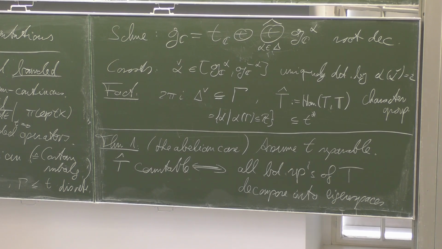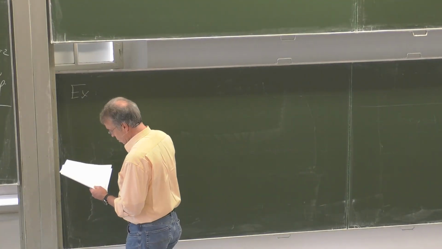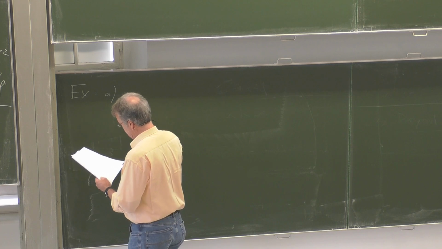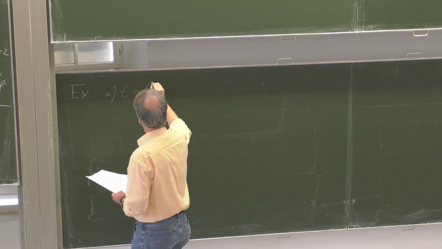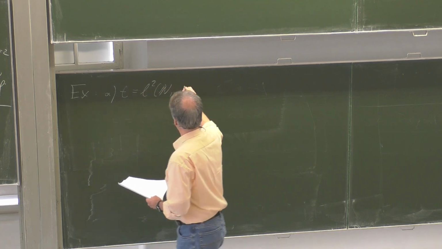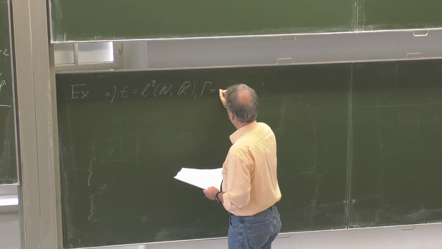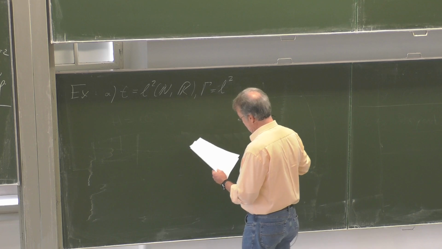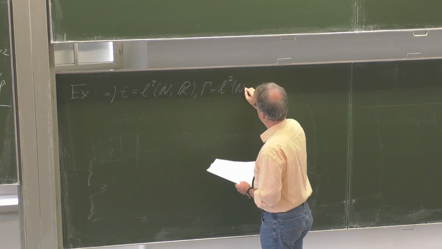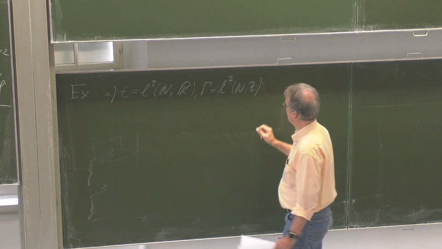But I wanted to show you an example to understand where this comes from. So one example is that if you look at L2, say over the natural numbers with values in R, as a Hilbert space, and you look at the integer valued elements.